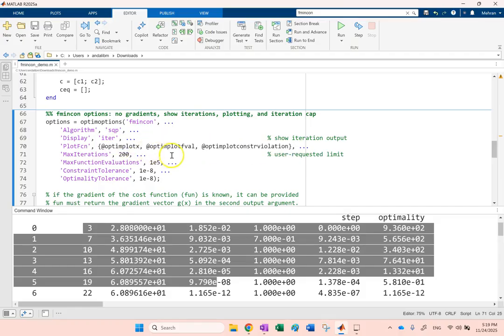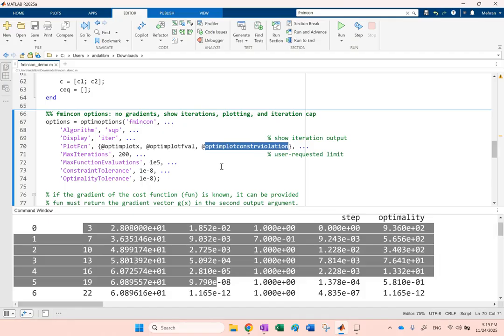Optim plot X, optim plot fval, and optim plot constr, or constraint violation. So it plots for you the final X values, it plots for you the F value, and it will plot for you the final violation of the constraints, right?